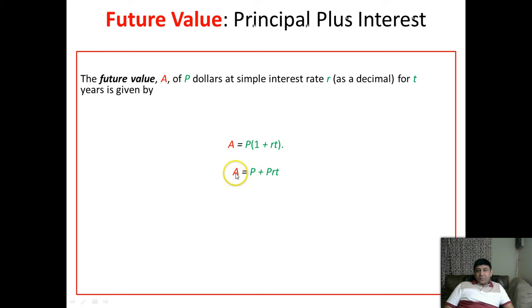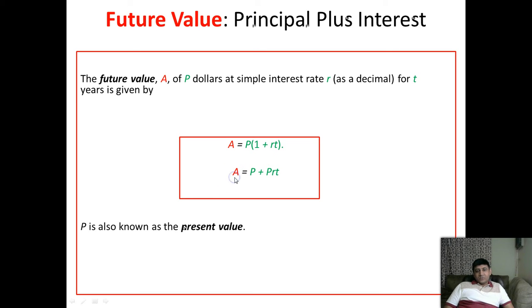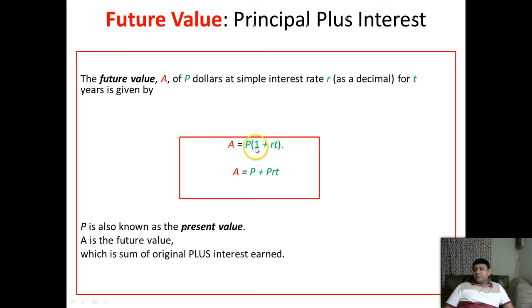So our future value will be the original amount we started with plus the interest earned. If you add those two, that will give you the future value. P here is the present value that you started with. A is the future value accumulated, and A is the sum of the original plus the interest earned. This is the simplified form of the formula which we will use. This is just for your explanation.